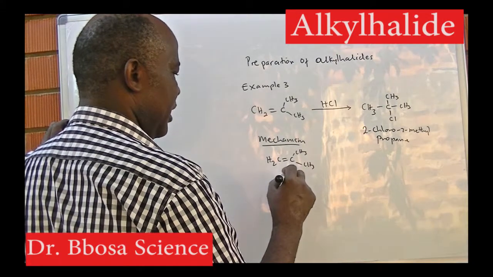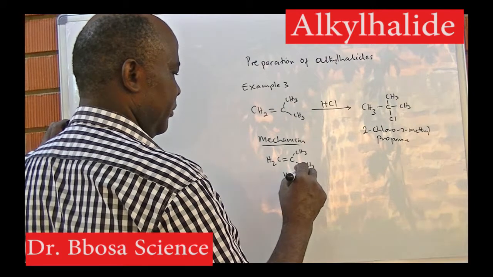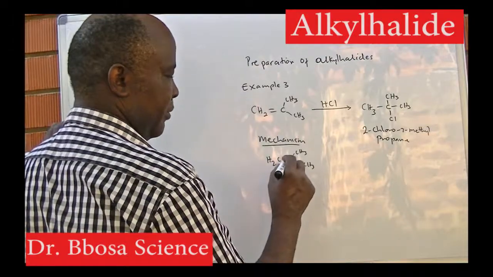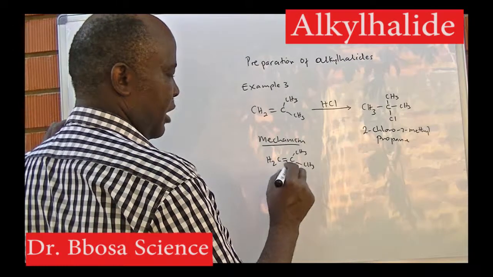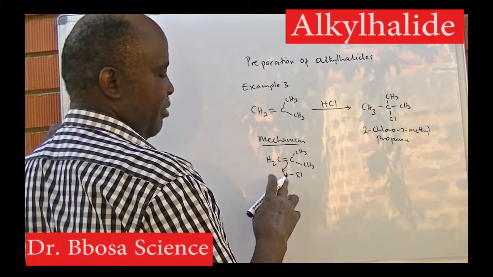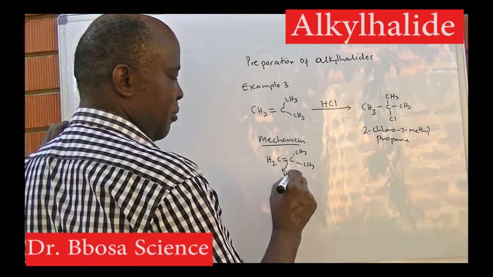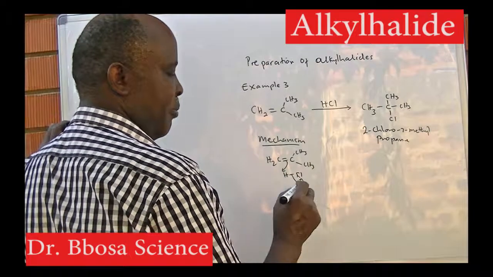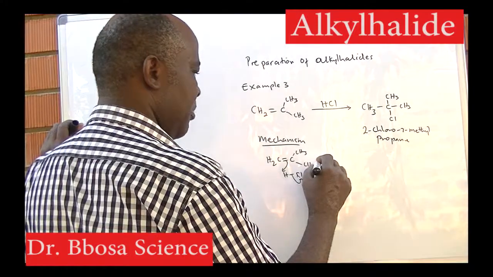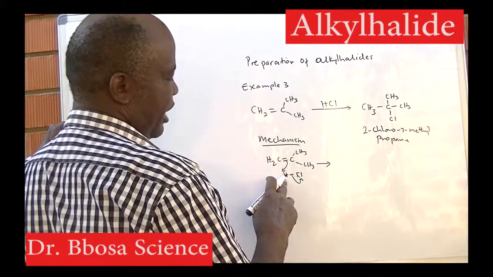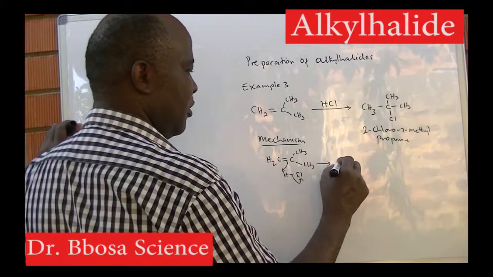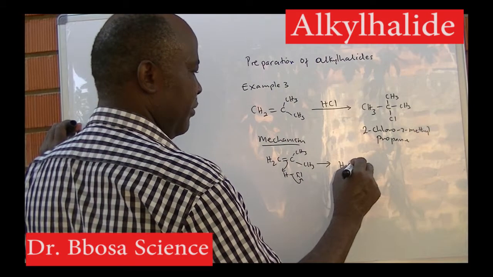The double bond breaks. A pair of electrons is donated to a hydrogen atom. The bond between hydrogen and chlorine also breaks. A pair of electrons is donated to a chlorine atom. Remember, the hydrogen atom goes to the carbon atom with the highest number of hydrogen atoms, so you get CH3.